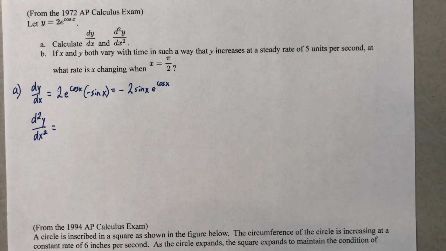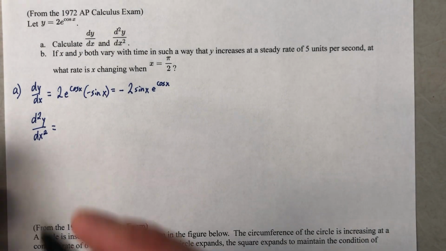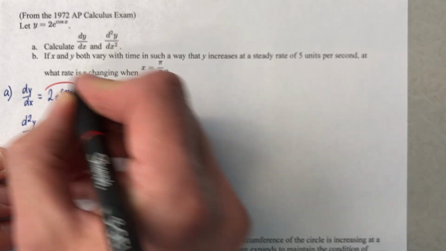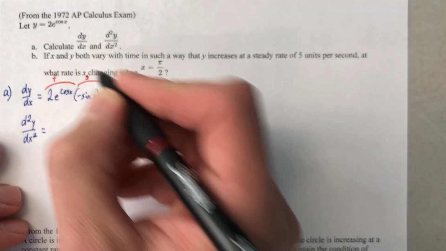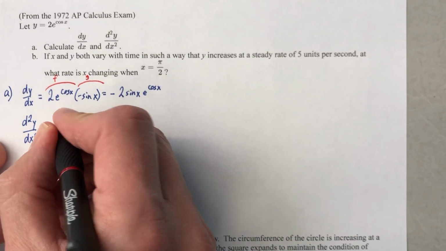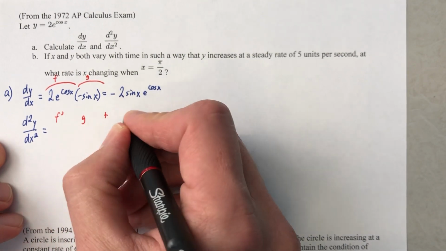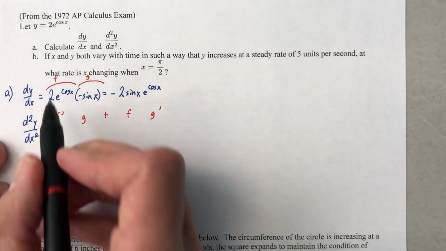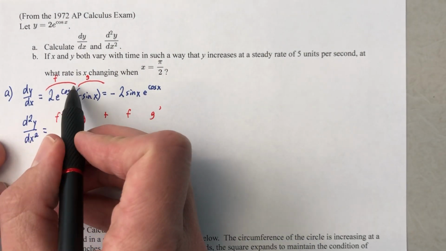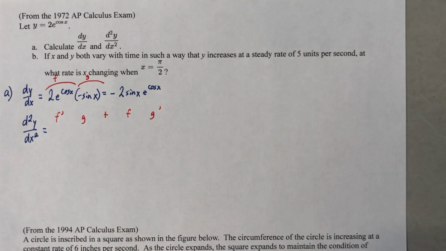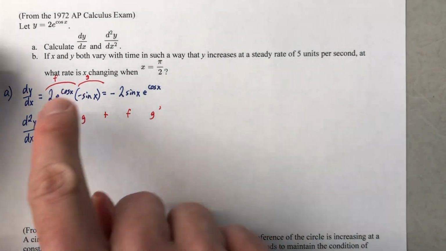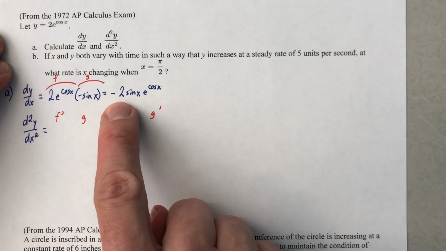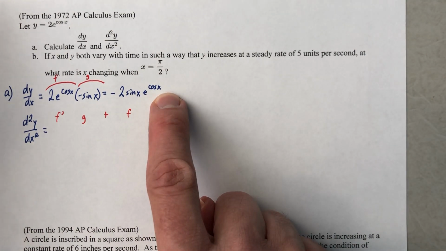Because if I do the product rule with this and with this, calling them f and g, and doing f prime g plus f g prime, then the derivative of f is staring me in the face, because this is this, and the derivative of that we already found, okay?